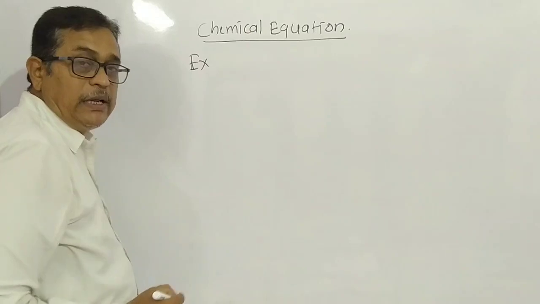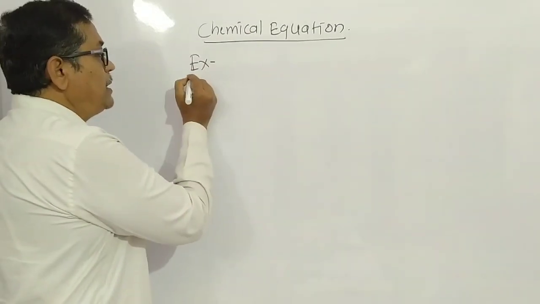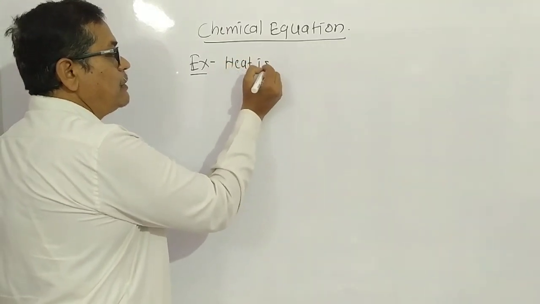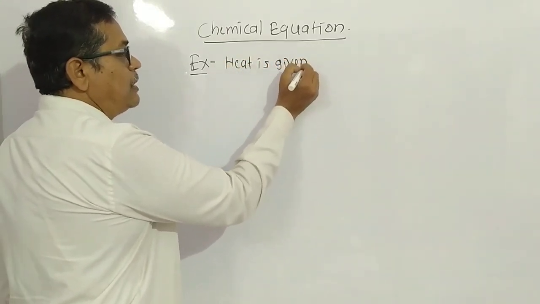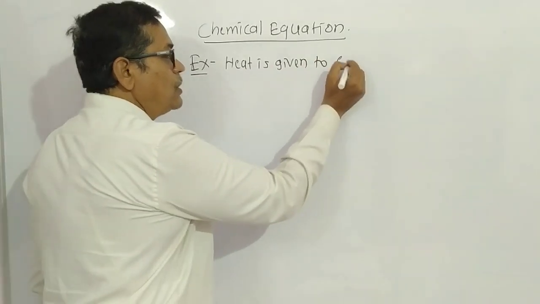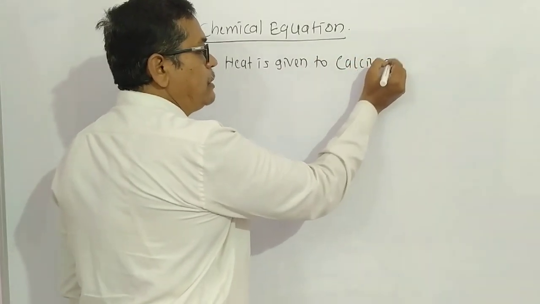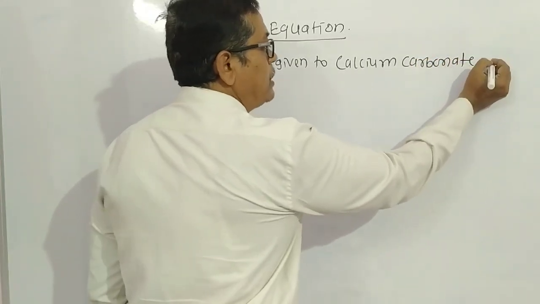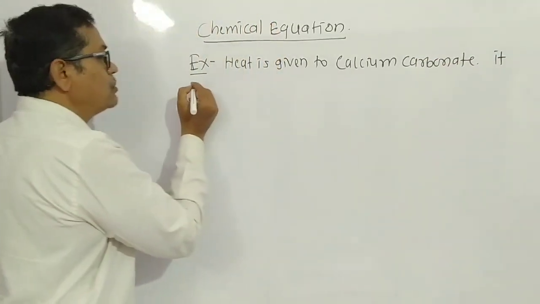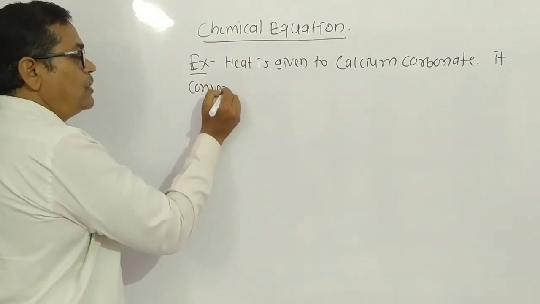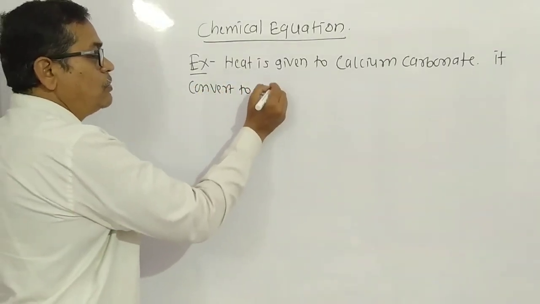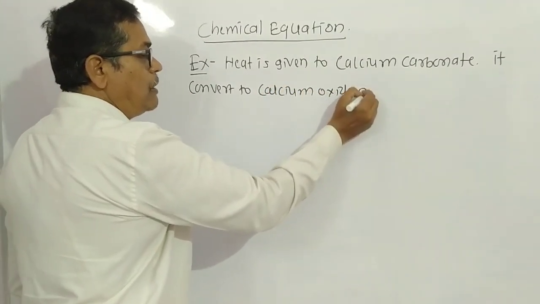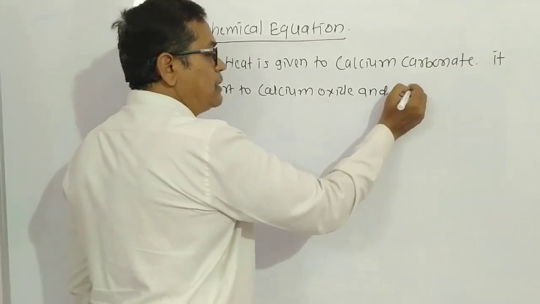Here we take one example: heat is given to calcium carbonate. It converts to calcium oxide and carbon dioxide.